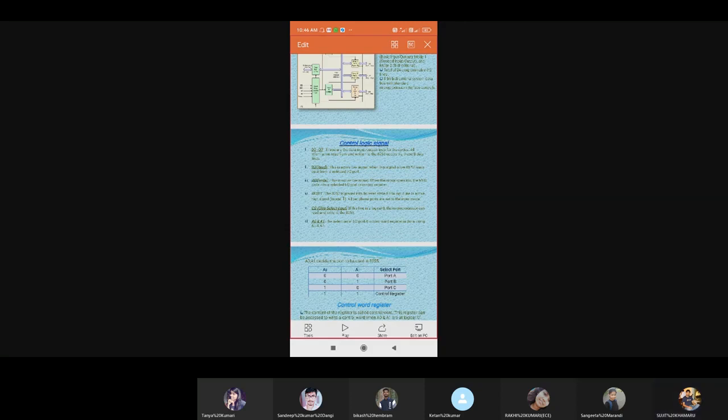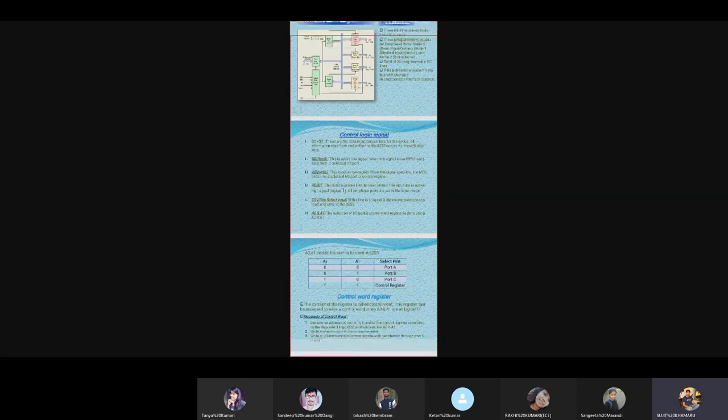Next, reset is another important pin. The 8255 is placed into a reset state if the input line is active high, that is logic 1. All the peripheral ports are set to input mode. All the peripheral ports, meaning our ports A, B, C, are all set to input mode. Now chip select.